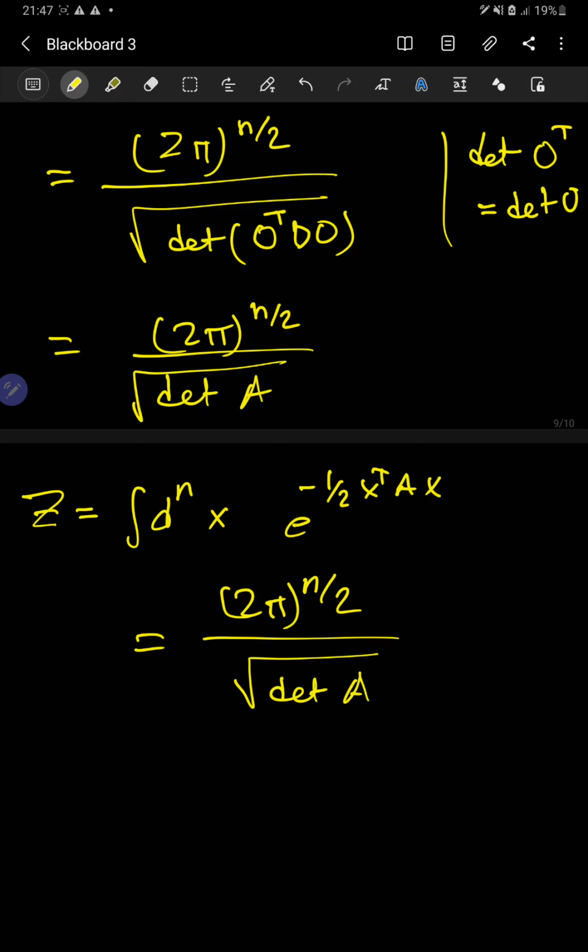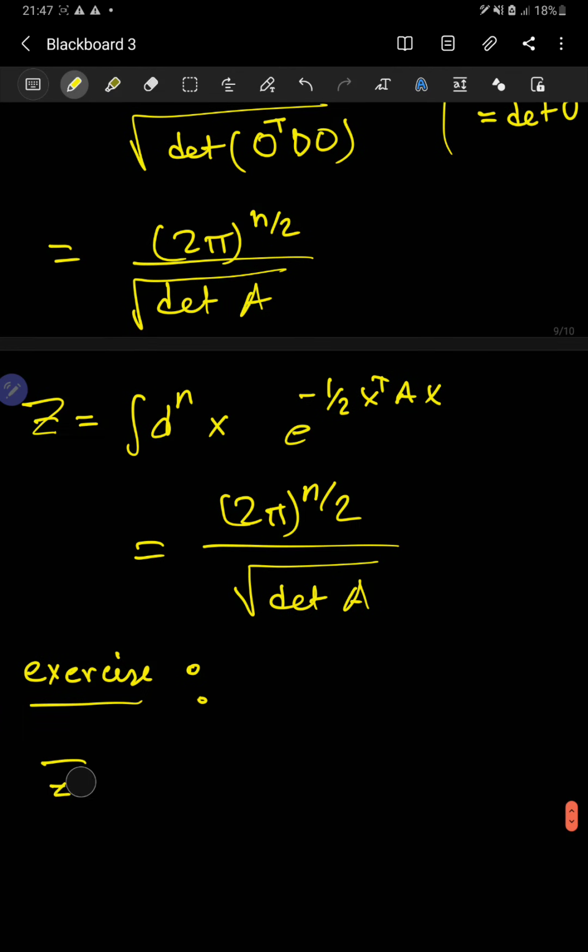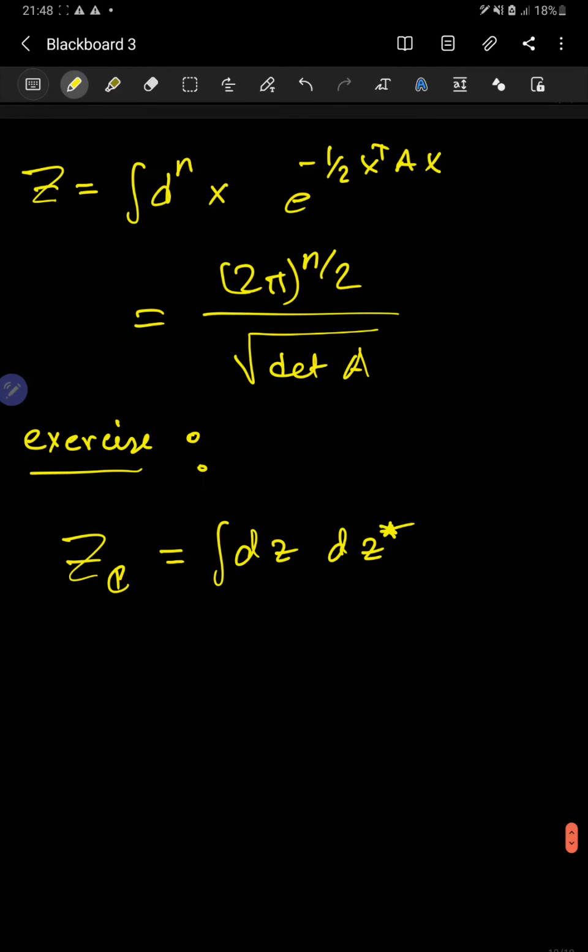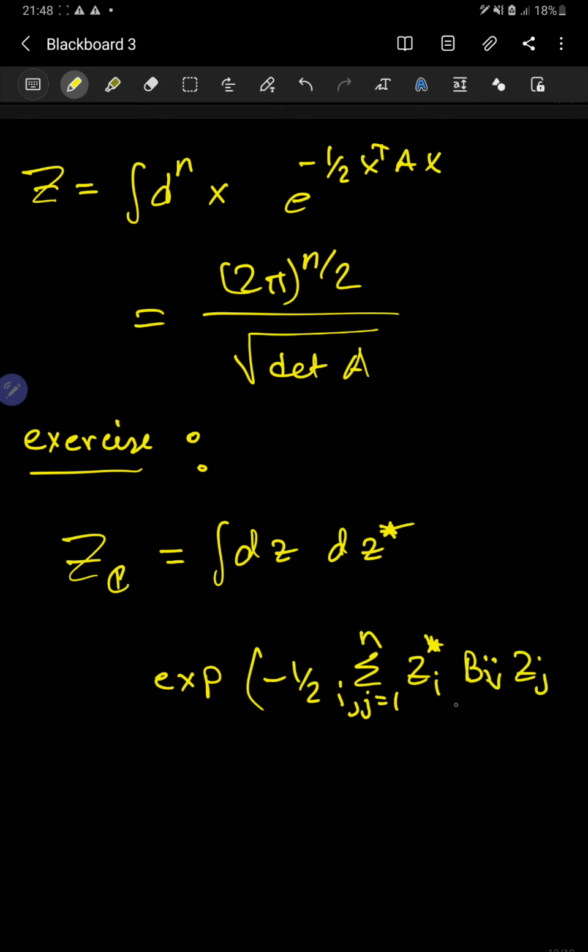So we can have complex versions of this, which will be your exercise again. The complex version of this will have two variables, d z d z star, and exponential minus half sum over i, j equal to 1 to n of z_i star B_ij z_j.